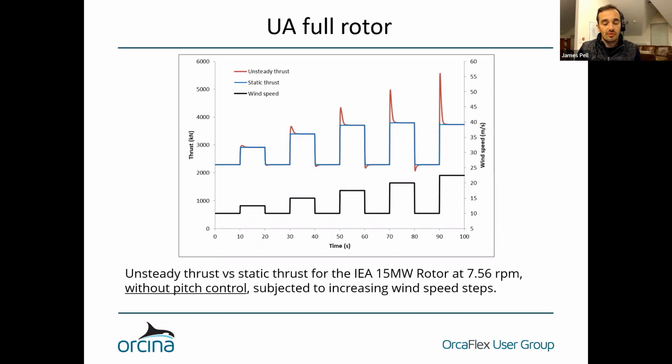And as you can see, for the largest changes in wind speed, there's a really pronounced difference in the thrust. However, I just want to clarify that you shouldn't go away expecting to see, like you do in that final peak, the thrust doubling or whatever, because that's not going to happen. I've gone out of my way to exacerbate the differences here, primarily by disabling the pitch control.